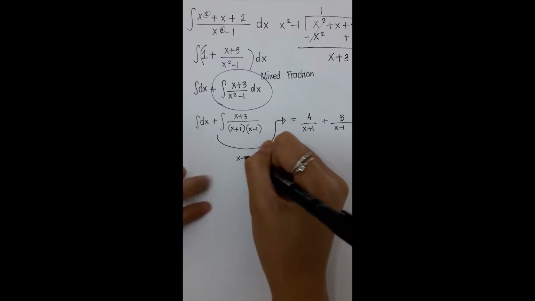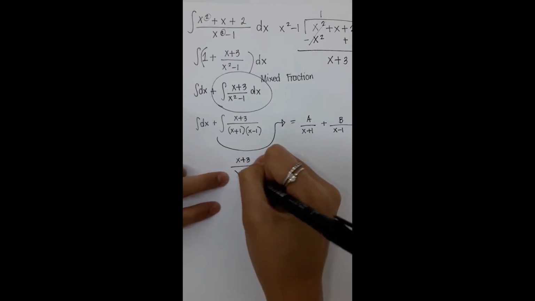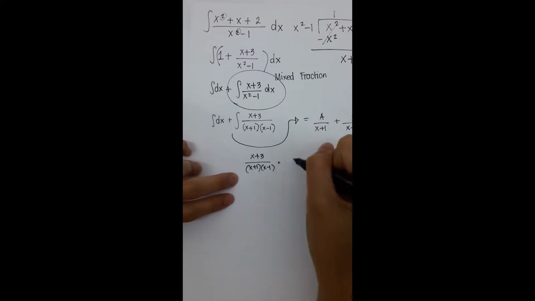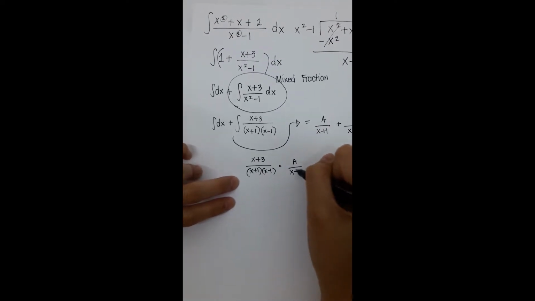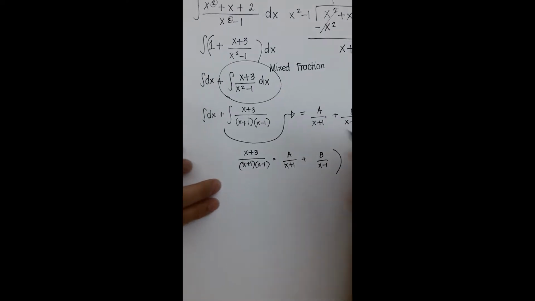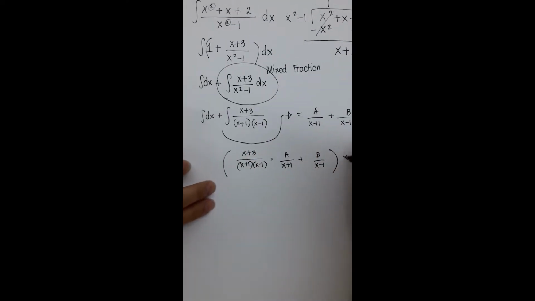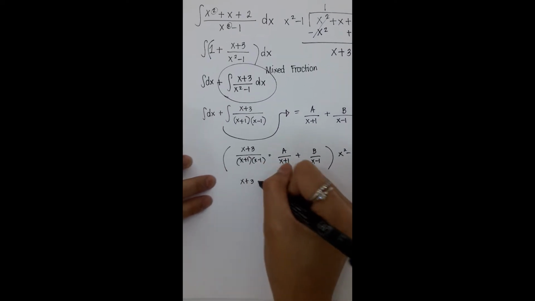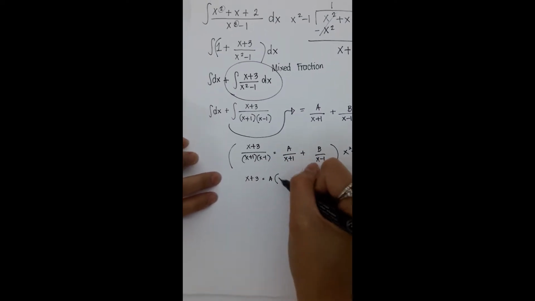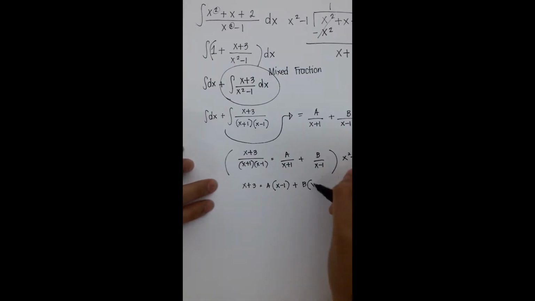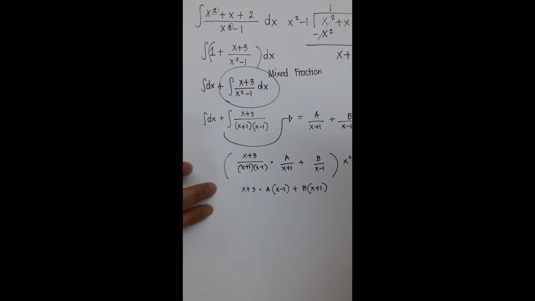So x plus 3 all over x plus 1 times x minus 1 will be equal to a over x plus 1 plus b all over x minus 1. Multiplying all sides by x squared minus 1, we will arrive with x plus 3 is equal to a times x minus 1 plus b times x plus 1.